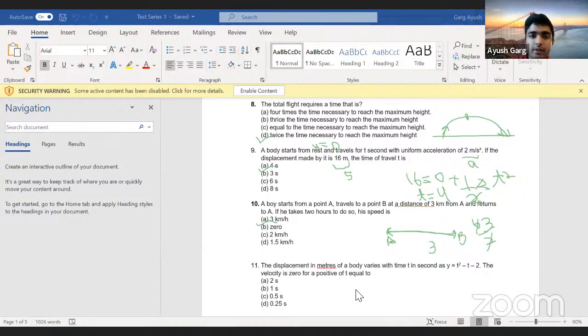We just covered ds, or let's say dy upon dt is equal to velocity, right?